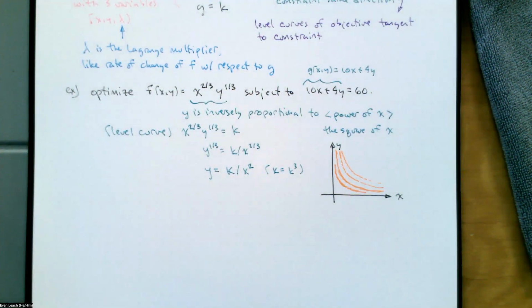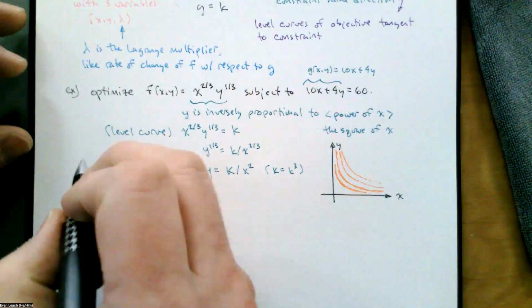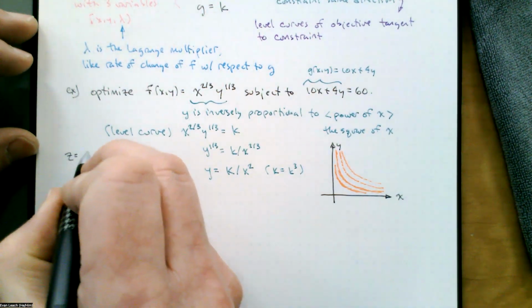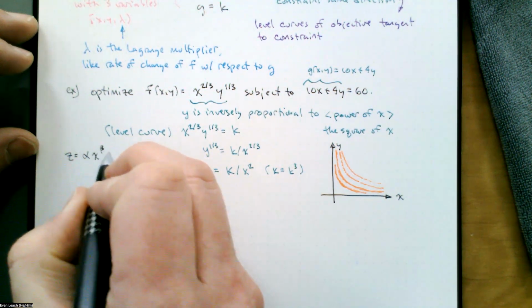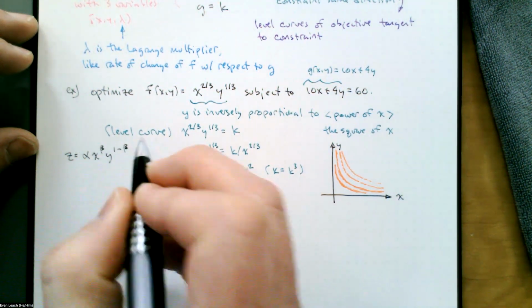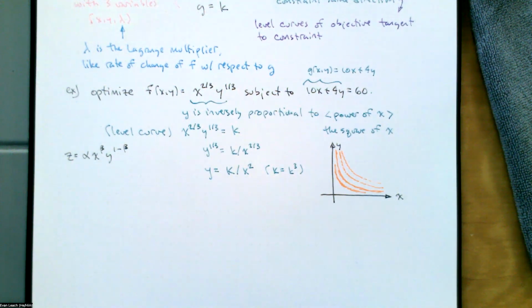Since I'm drawing this kind of sketchy, this can represent the level curves for all these kinds of functions, where we get x to the beta times y to the 1 minus beta. When we have the product of variables equaling some constant, there's an inverse proportional relationship.